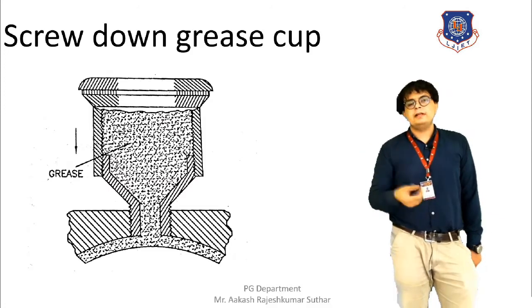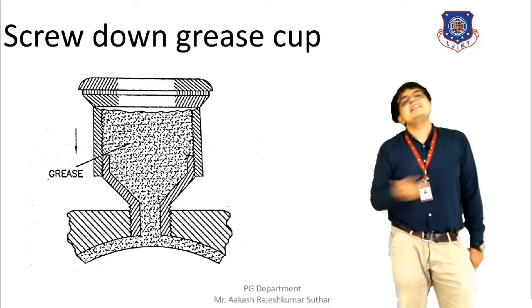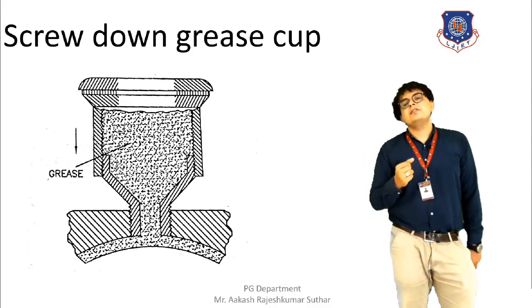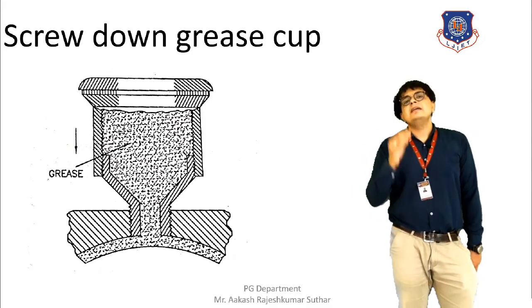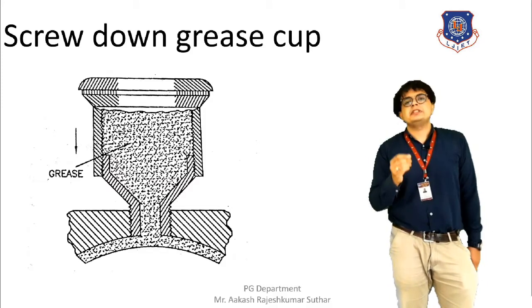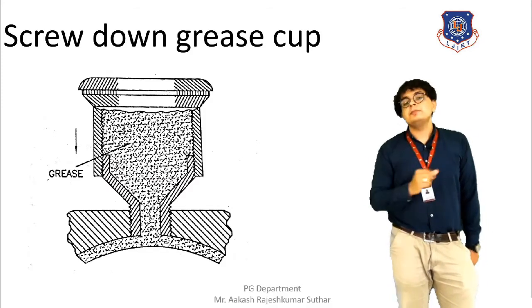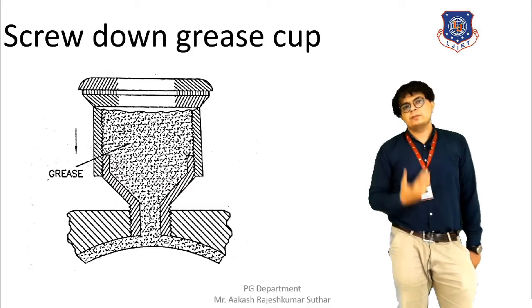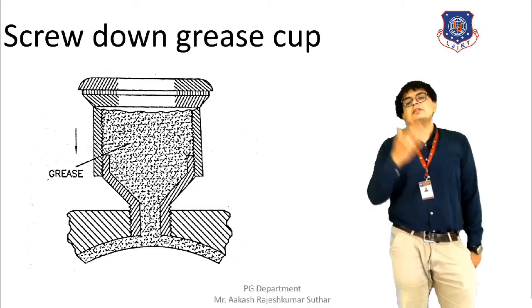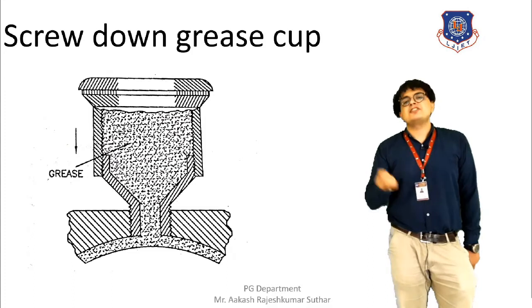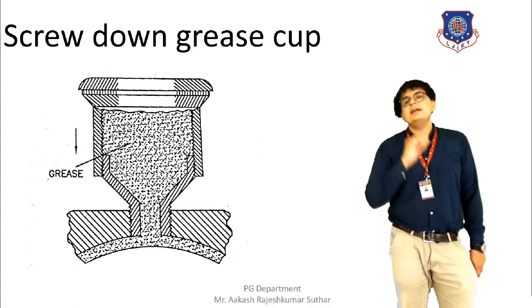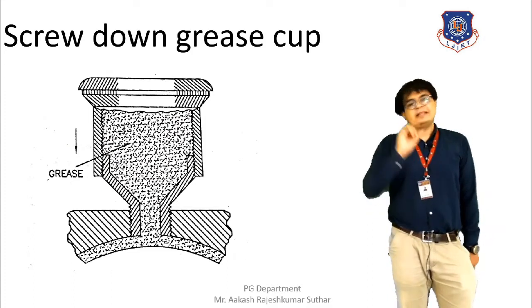For example, if we want to lubricate a cycle chain, then this kind of method can be used, or where much skill is not required, or where it is not a big machine. It is generally used in small machines, even in small places. Sometimes it is also used in automobiles to apply grease or oiling to some spare parts of the machine. So this is a small scale method.